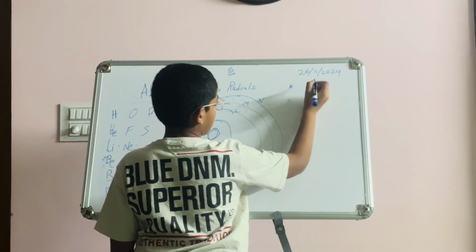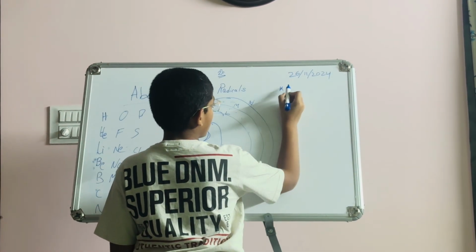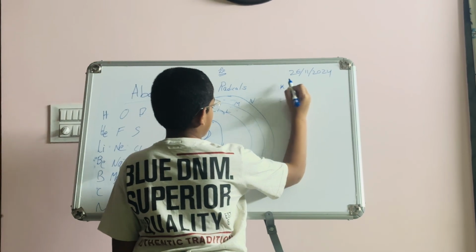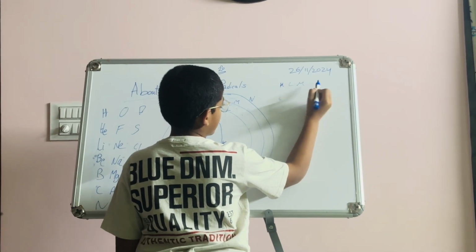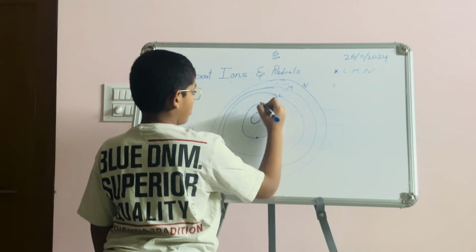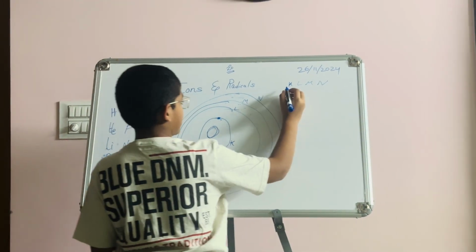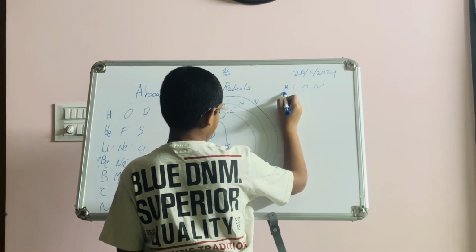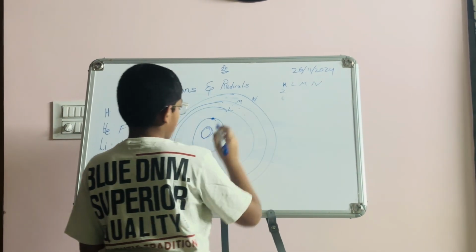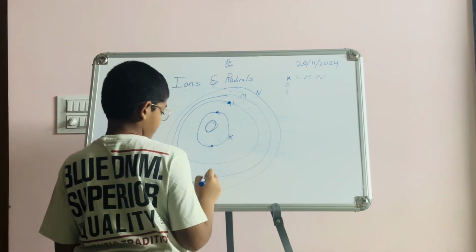So the electron composition: K shell, L shell, M shell, N shell. In the K shell there are only two electrons, since its capacity is 2. The capacity of the L shell is 8.